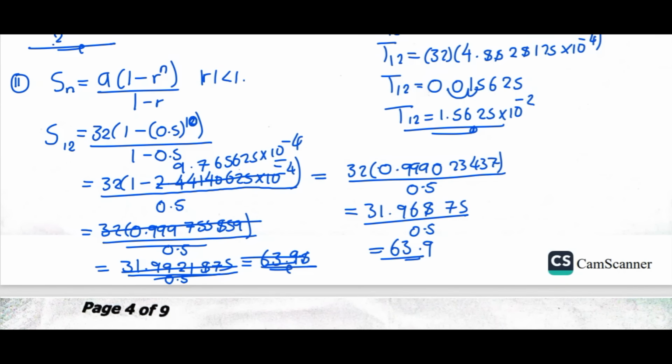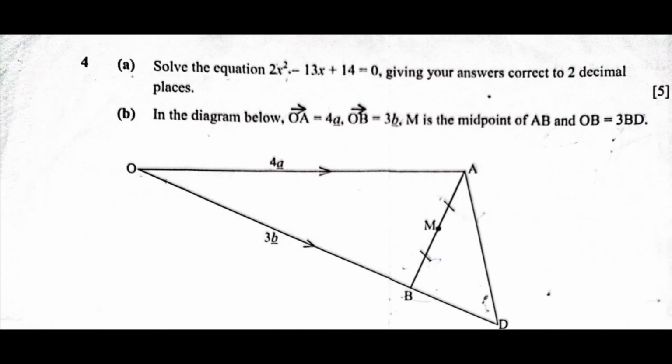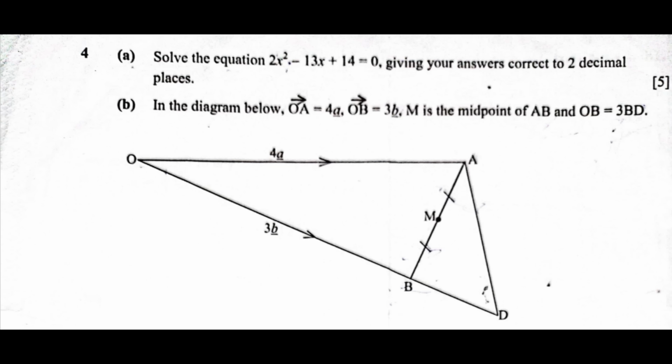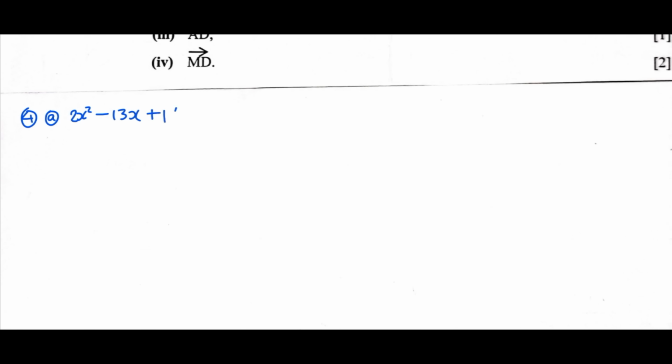Okay, so now let's move on to question 4a. Solve the equation 2x squared minus 13x plus 14 is equal to 0, giving your answers correct to 2 decimal places. So 4a is given 2x squared minus 13x plus 14 is equal to 0.